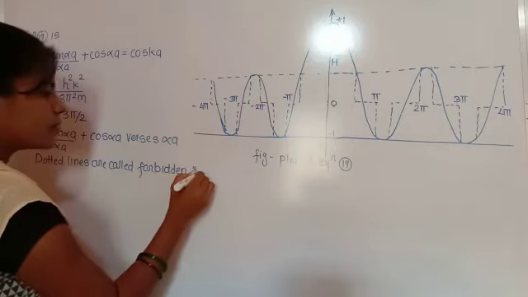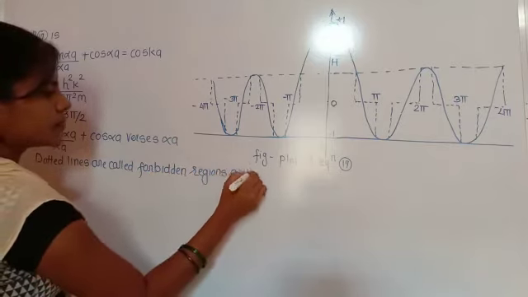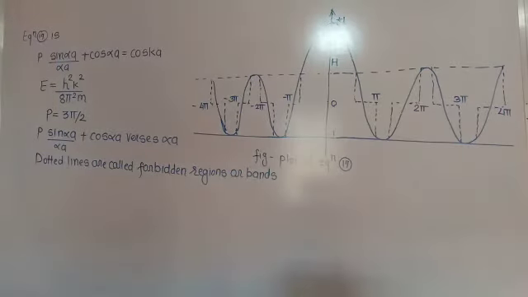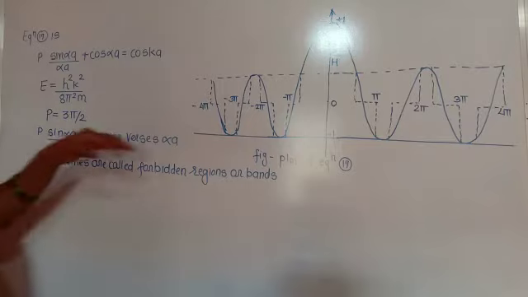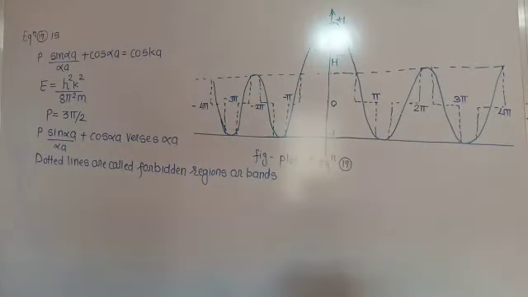And the thick lines are the energy levels, called the allowed energy bands. These are the allowed energy bands and these are the forbidden regions or bands.